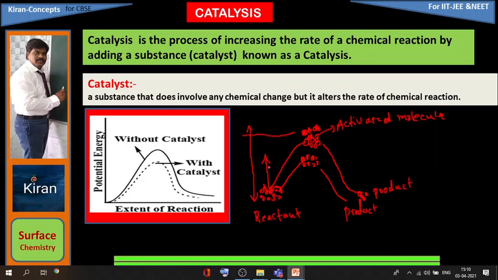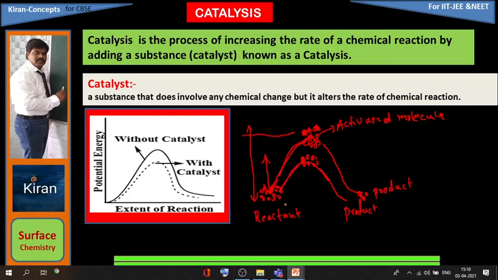It means when you add the catalyst, the activation energy of the reactant molecules decreases and the speed increases. Moving from here to here takes some time, while here it moves in the short way.